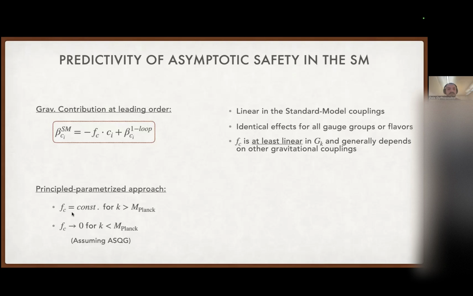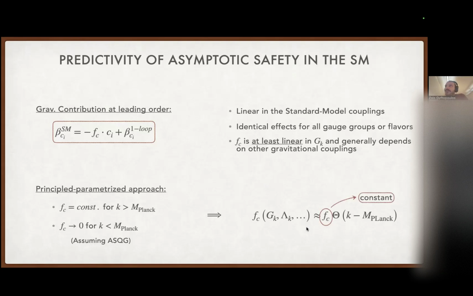If you have asymptotically safe quantum gravity, this is valid because above the Planck scale, you're reaching this interacting fixed point. Below the Planck scale, you can use the scaling of the dimensionful Newton coupling, which is quadratic in k, and you can argue that this f_c quickly vanishes towards zero. So all in all, these two observations allow us to approximate this function as a constant, which we will also denote as f_c, times a step function, which will turn on and off the coupling above and below the Planck scale, respectively.